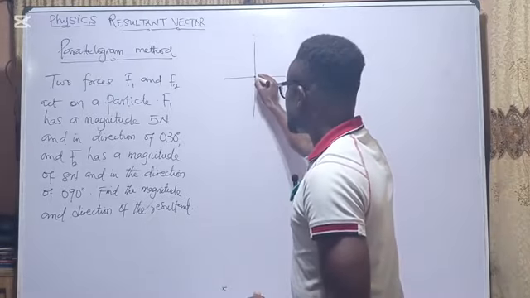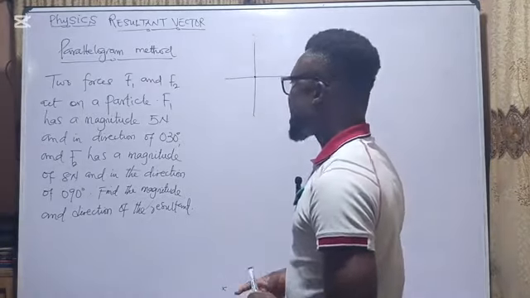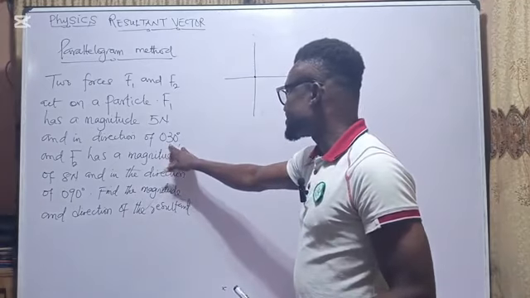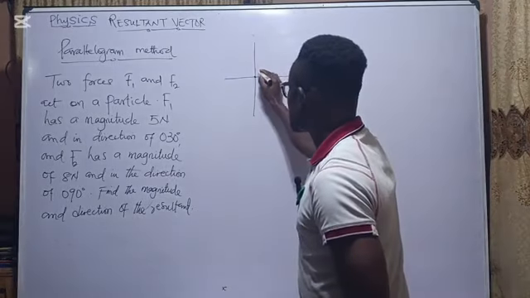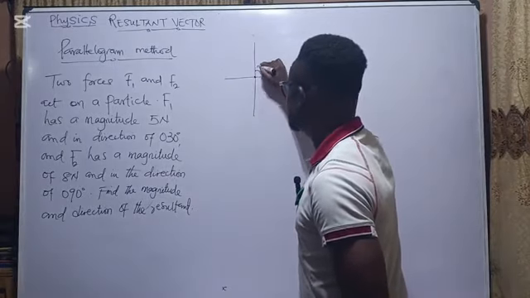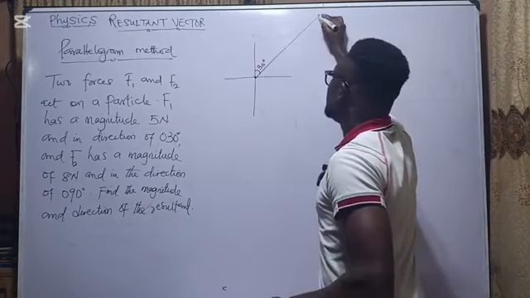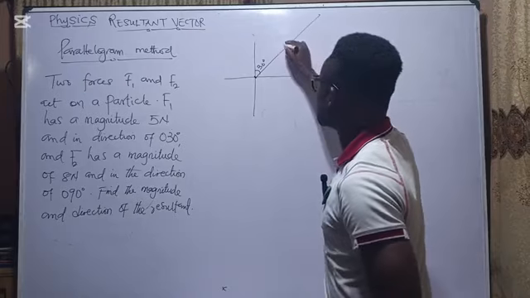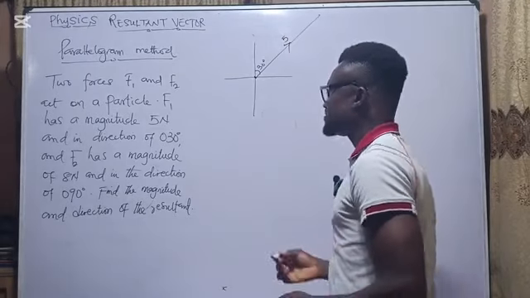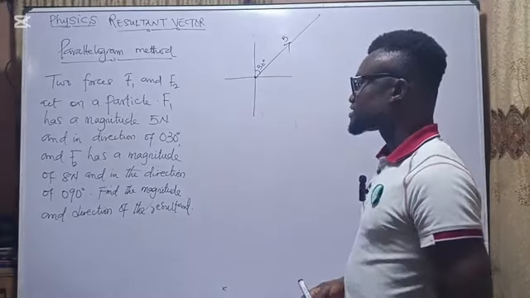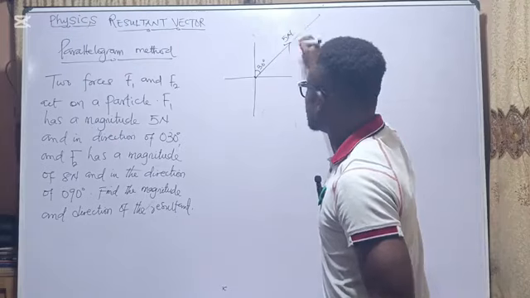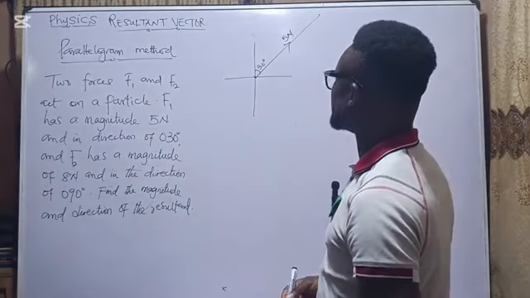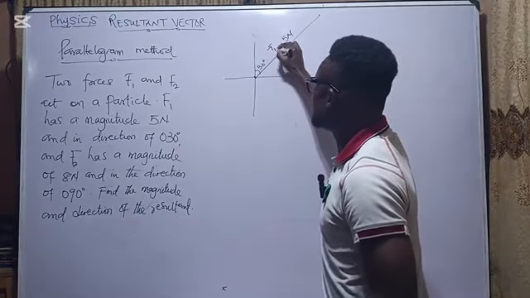If here is the origin, we have an angle of 30 degrees starting from the north. Here is the north, so it will have 30 degrees. So the very first vector, which is 5 Newton, is seen here. Then that 5 Newton is F1. So F1 is 5 Newton.